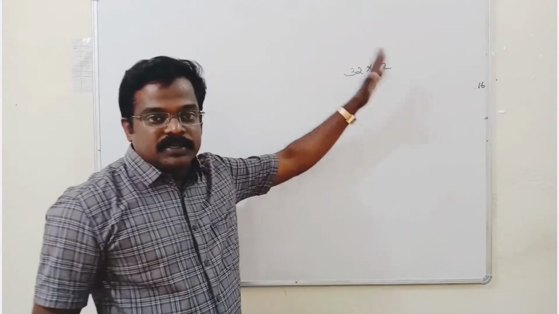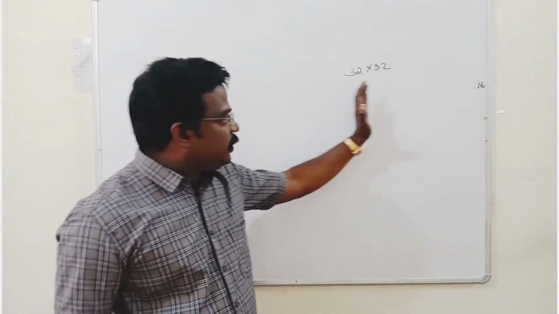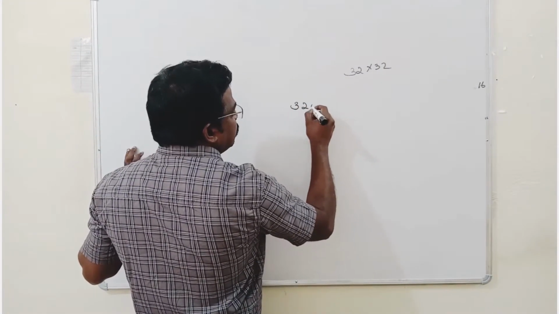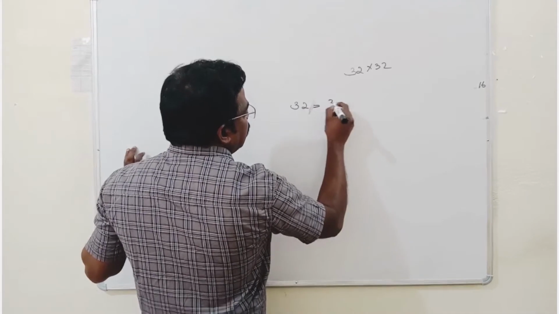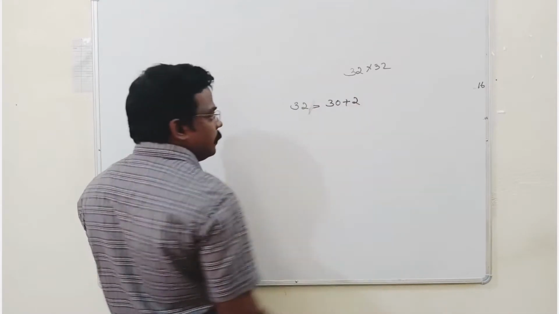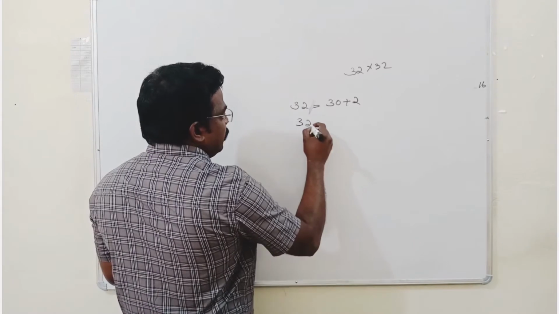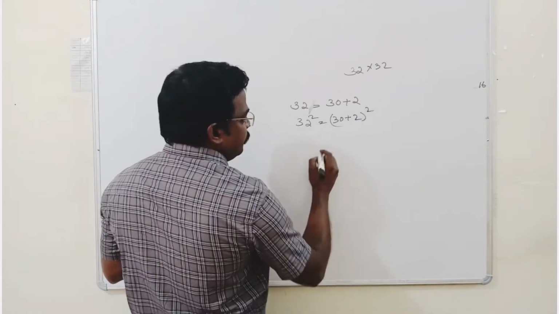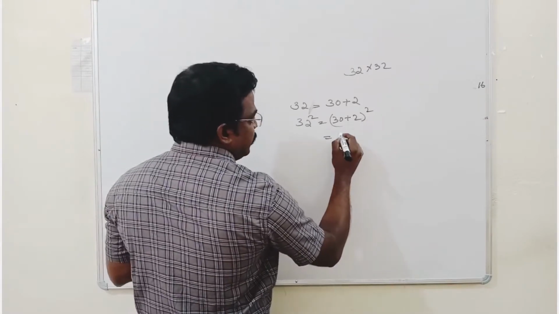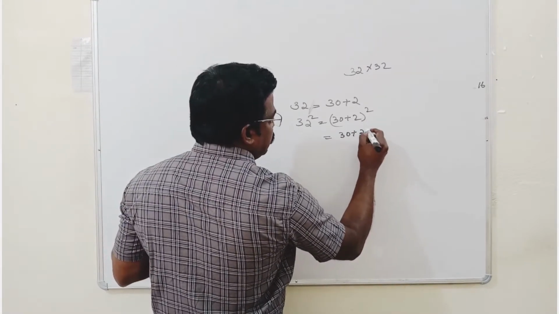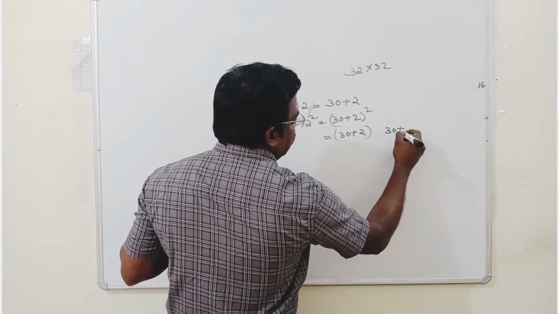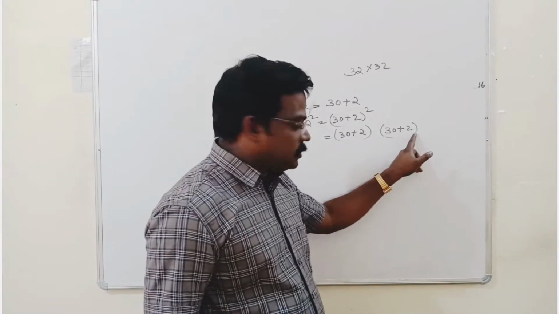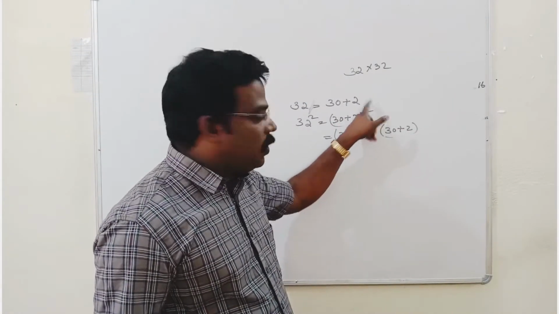Another way to find this: we can use the distributive property of multiplication. 32 can be written as 30 plus 2. So 32 squared can be written as (30 plus 2) whole squared. What is this? (30 plus 2) into (30 plus 2).